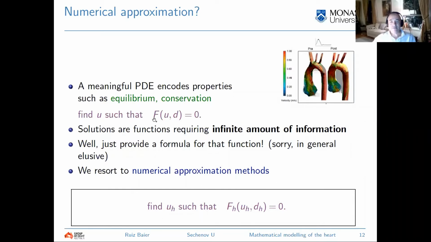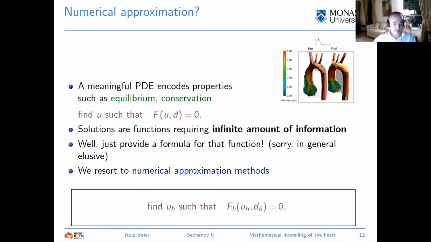I have a function f that is a function of that solution, and I also have some data, d, that I give to the model. And I have a functional structure that tells me how data and the actual solution of the problem interact. And then this equals something, for instance, 0. Okay, this is a general way of writing a partial differential equation.